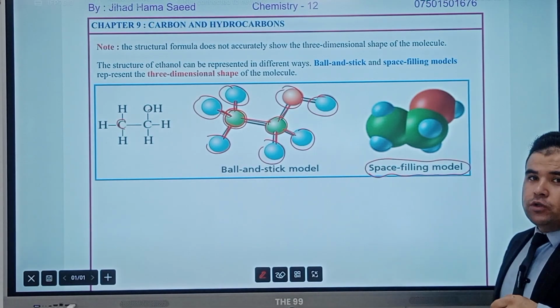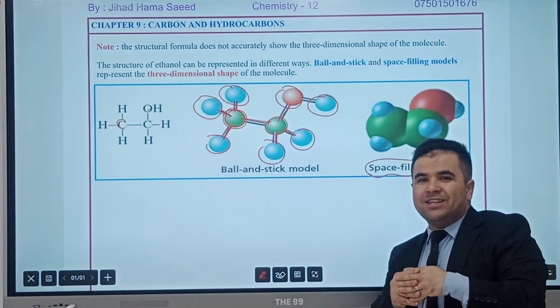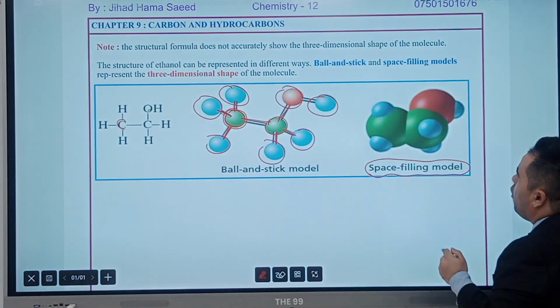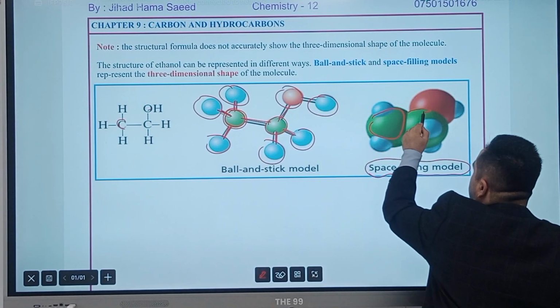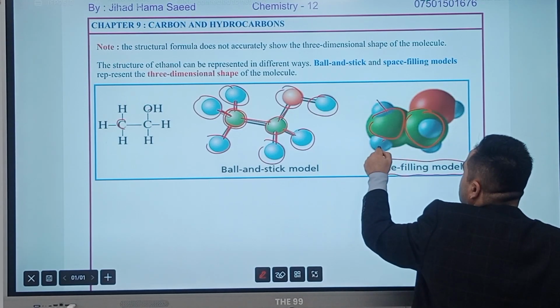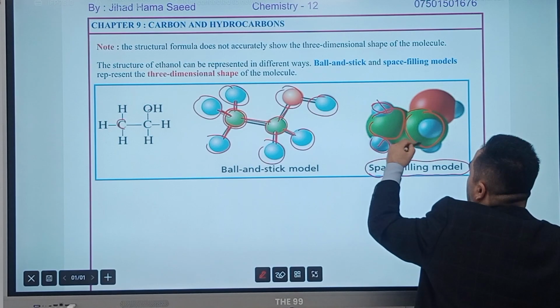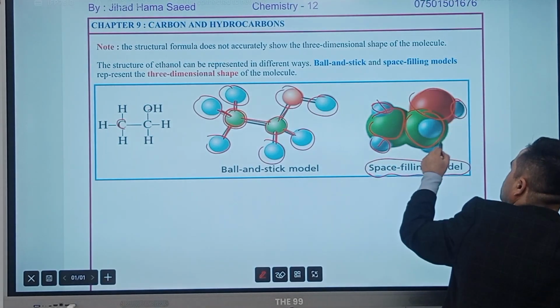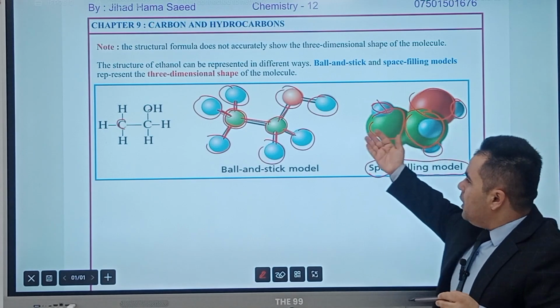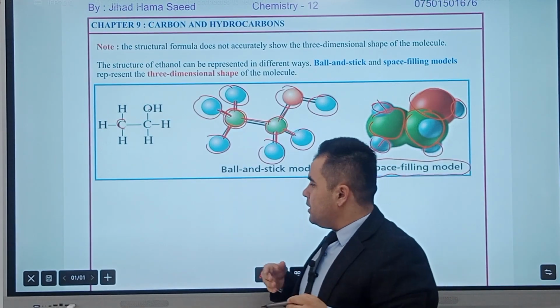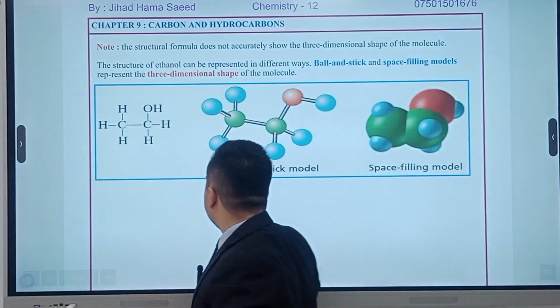In the space filling model, we do not show the sticks, we just show the balls. These are the carbons, bonded with the hydrogens, and oxygen with the hydrogen as well. So that's the space filling model, and this is the ball and stick model, guys.